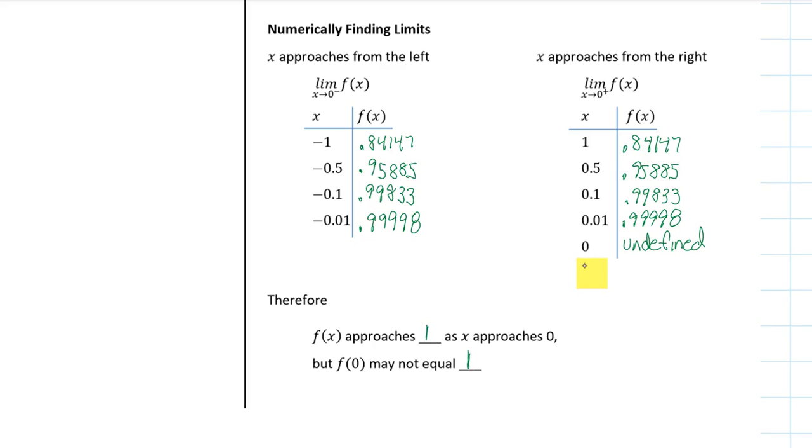It does not have to. So we would still say that the limit as x approaches 0 of f of x, in this case sine x over x, equals 1. All right?